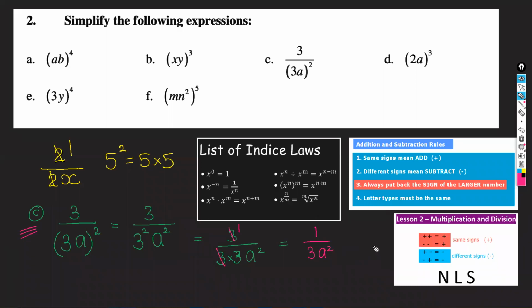Javon, I'm not too sure how you got minus 3a squared, but let me know when you finish taking down over here. This is 1 divided by 3a squared. I just want to help you uncover some mistakes here. I know I will take my time, but all these little things will help you from now to the end of Form 5. So let's just get over with.